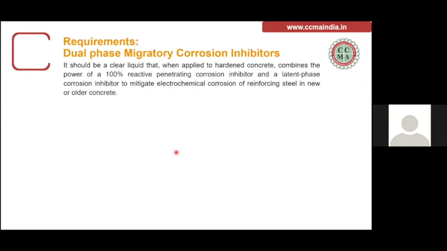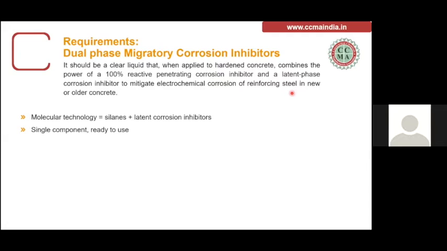And this should all be able to eventually mitigate the electrochemical corrosion of the reinforcing steel, either in new concrete or in existing concrete. So if you see the properties, as I said, the molecular technology combines the silanes and the latent corrosion inhibitors with a dual phase application.